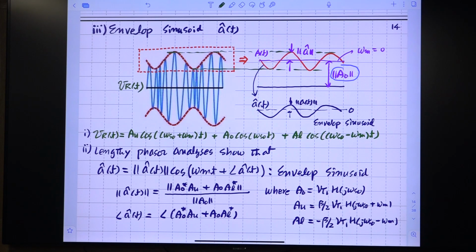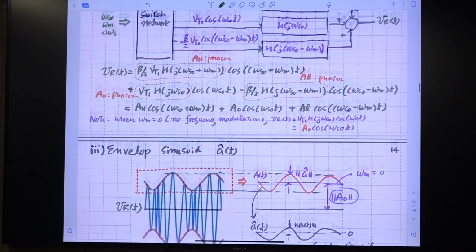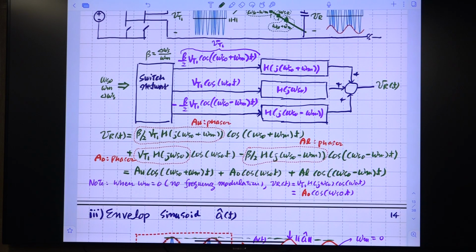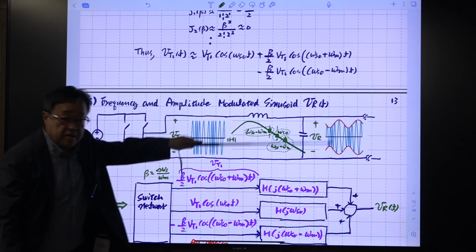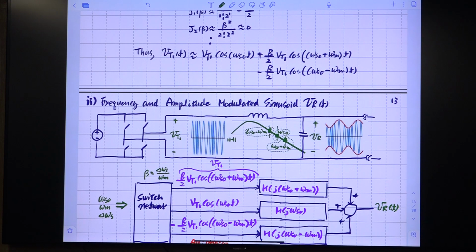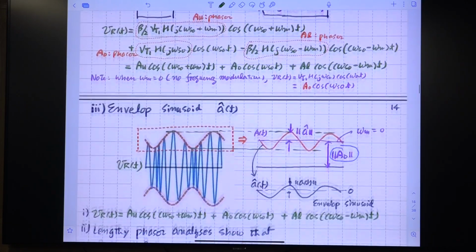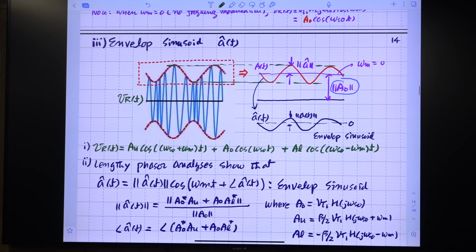So what we are trying to do is find the relationship between this del omega s and the variation of the envelope magnitude. For that purpose, I drew everything.